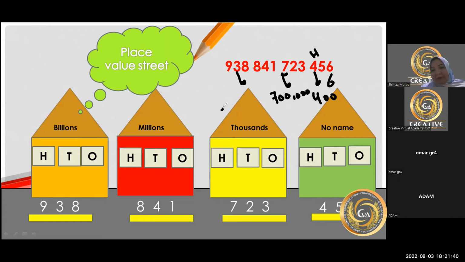So write number 3 and how many zeros? How many zeros before 3? 10. Very good. So write 10 zeros. 30 billion. Okay. Any problem? No.